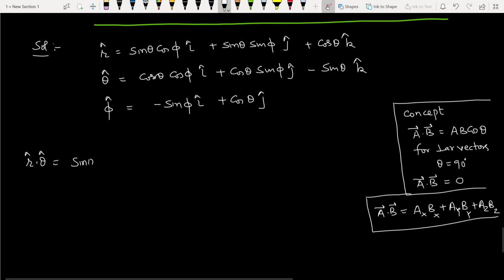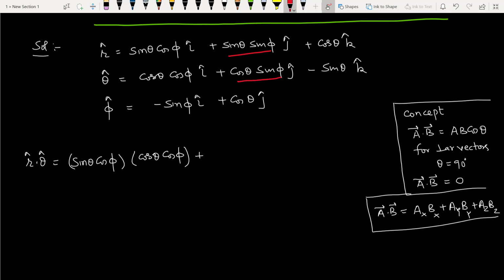Sin theta cos phi into cos theta cos phi, plus again y component into y component, sin theta sin phi into cos theta sin phi, plus z component into z component, cos theta into minus sin theta.